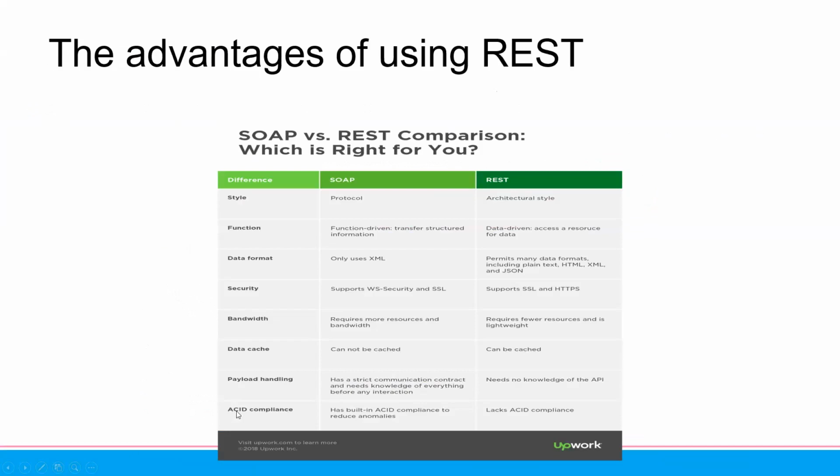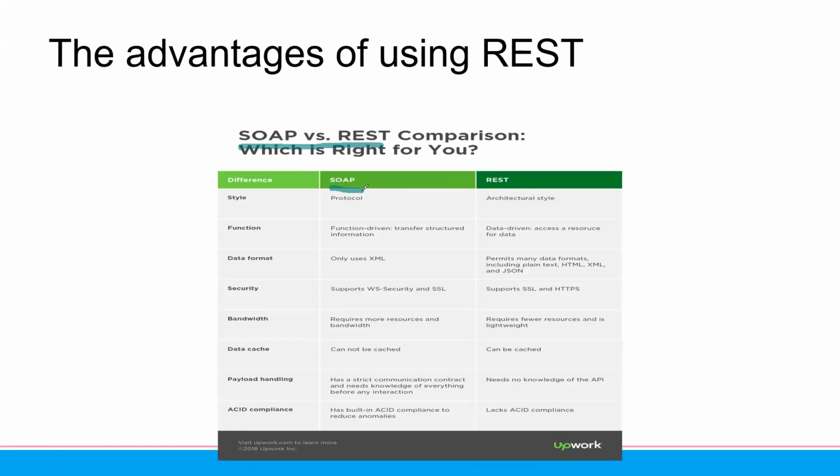There are also many questions because I explained these two kinds of protocol. So what is the best one, SOAP or REST? This table shows the comparison between the two.